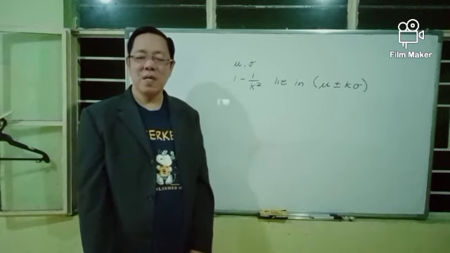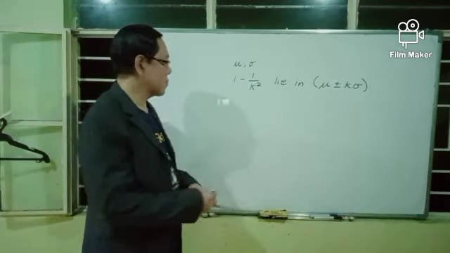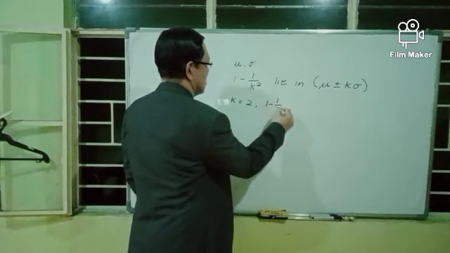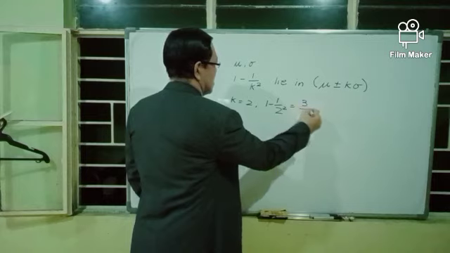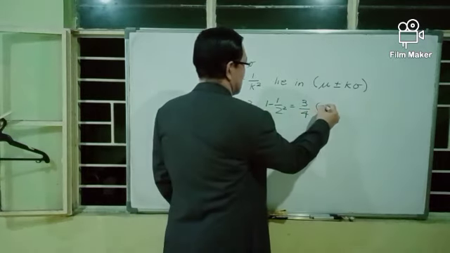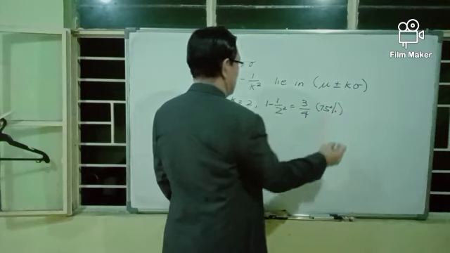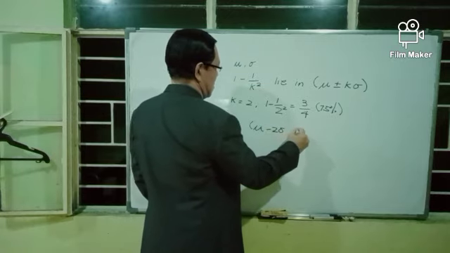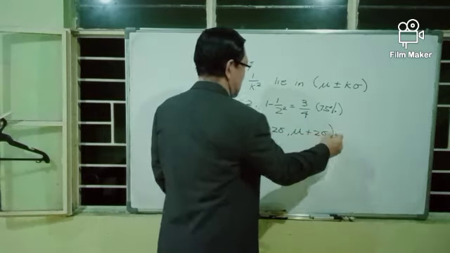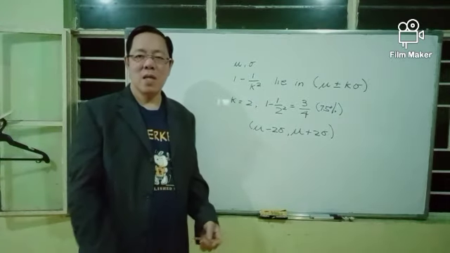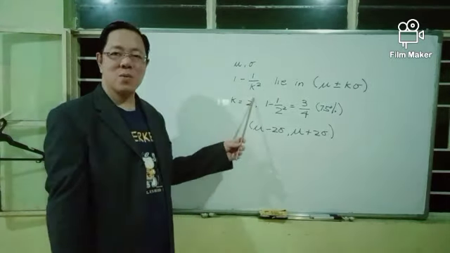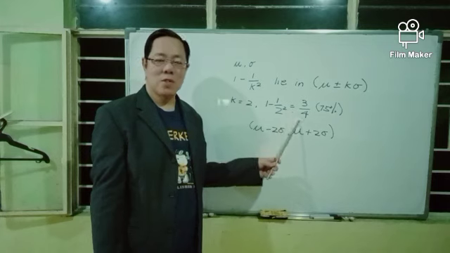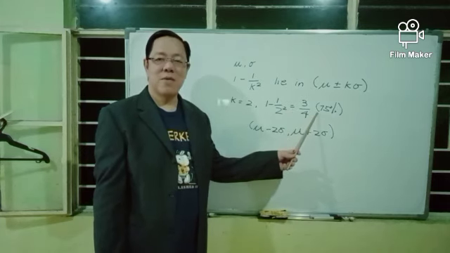Now, if in particular we take a value of k, say k is 2, 1 minus 1 over 2 squared is equal to 3/4, or in percent, 75%.